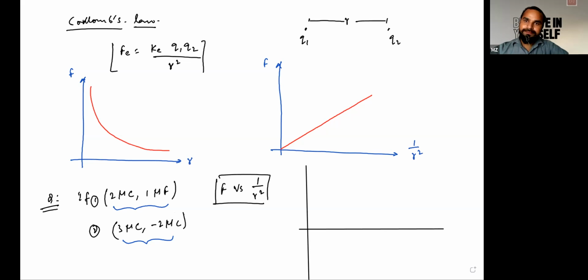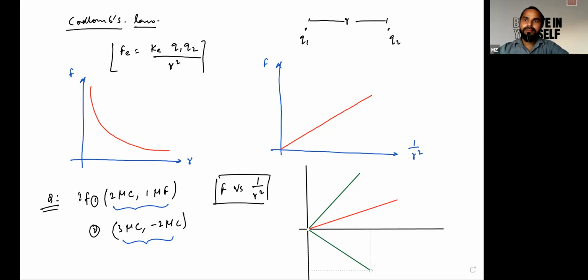For that sense, either of the two charges will have the same straight line, but since the product of these two would be 2 into 1 becomes 2 and 3 into 2 becomes 6, it will be like this and the other one would be like this, if I take the vector component. If it is calculated in terms of scalar, we would take the negative sign and positive sign as well. So it will be like this.